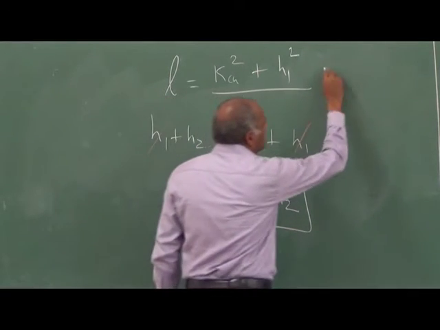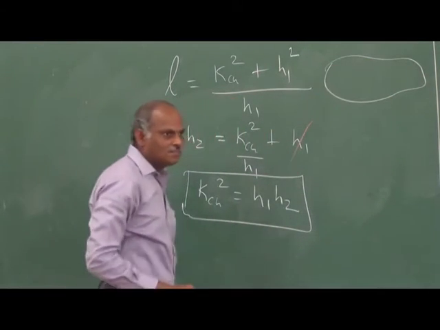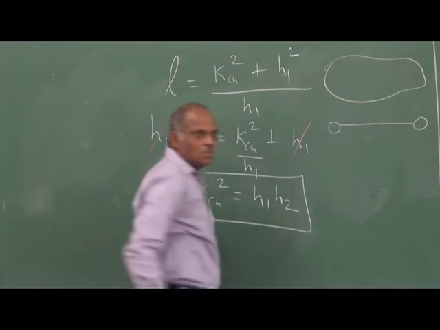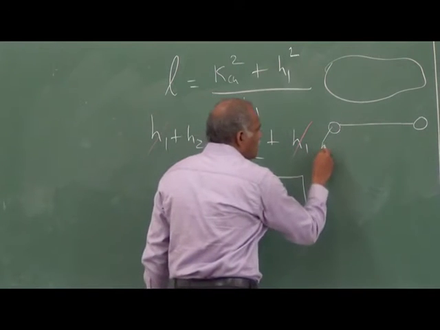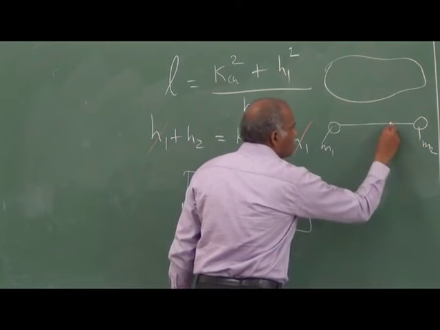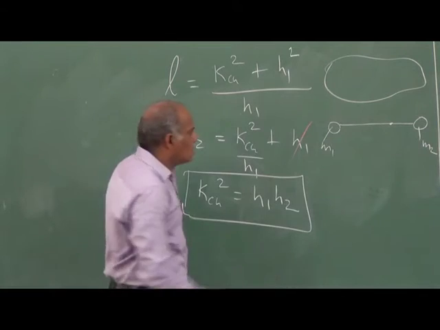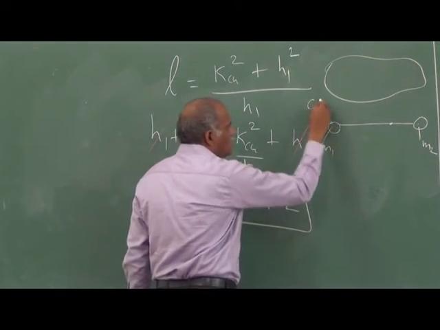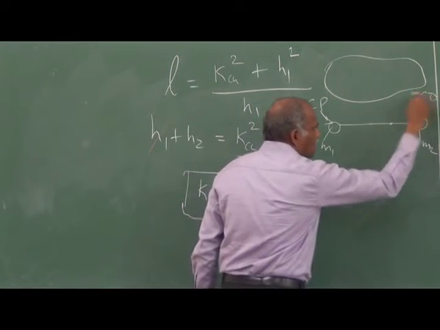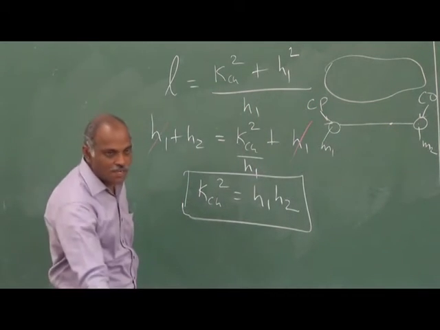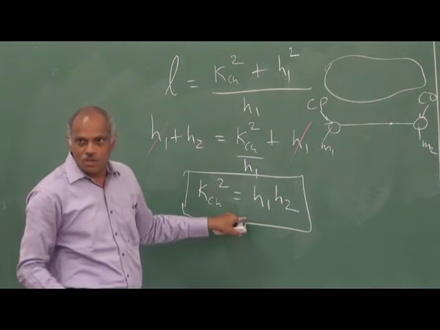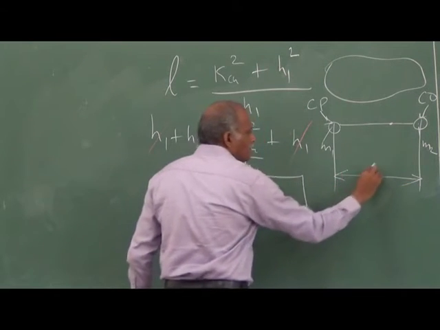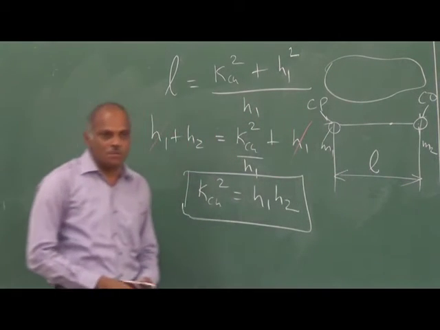When you take a rigid body like this and try to model it as two point masses, M1 and M2, one will be placed at your center of percussion, another at your center of oscillation. Not only that, by the present conclusion, this length will be equal to the length of an equivalent simple pendulum.